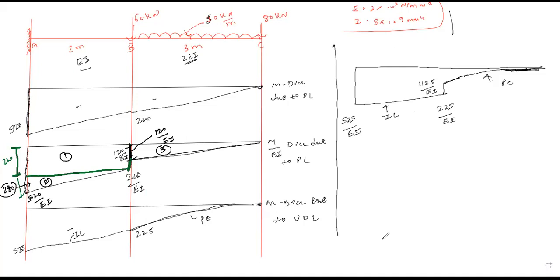Let us shift to the diagram due to UDL. Again, let me draw just a reference line here. So now consider this part. Just a minute, I am changing some values here. Okay, now it's fine.